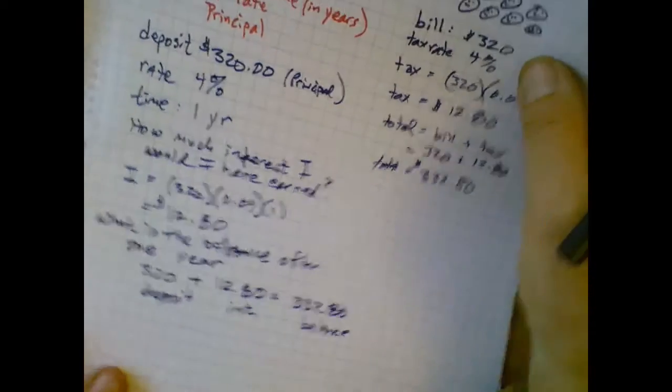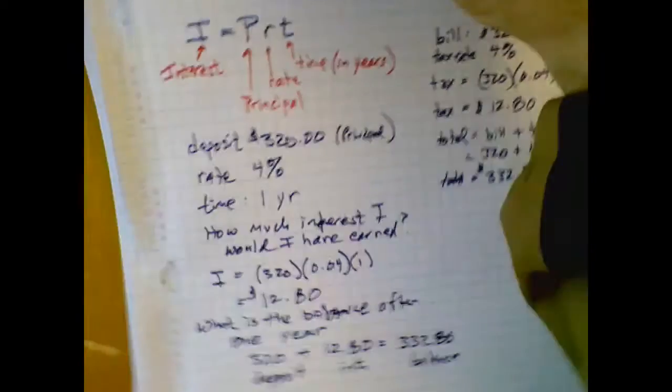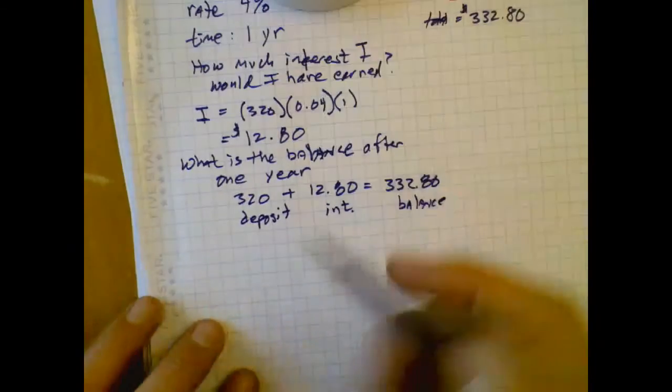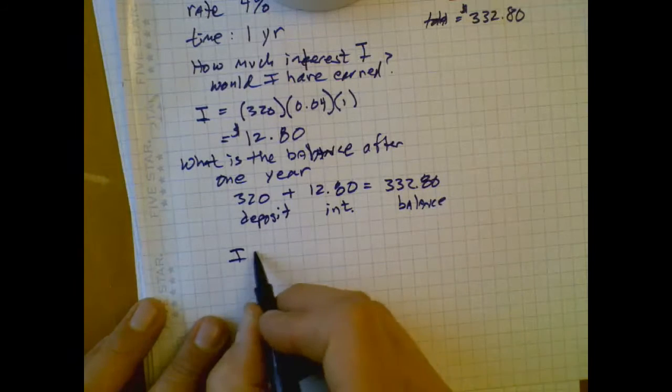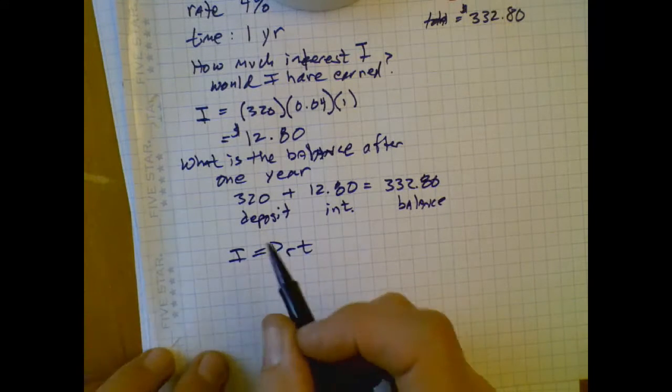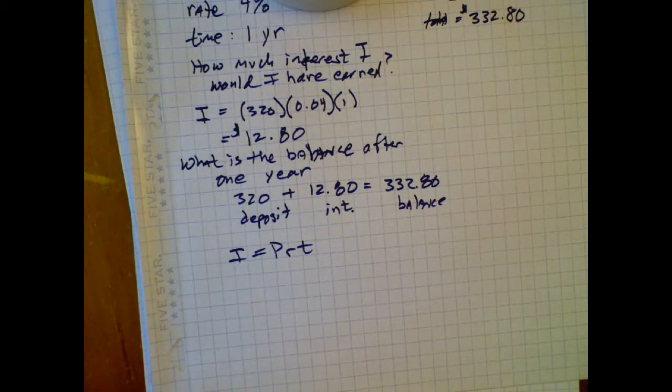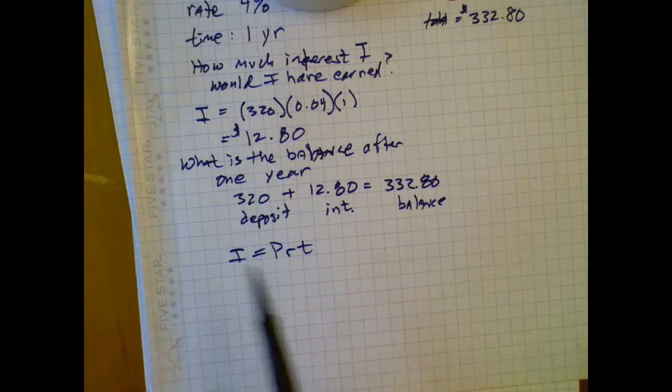Now, because this question, whoops, I'm going haywire here, aren't I? Excuse me. So my interest formula here looks like this, doesn't it? I have these 4 parts, and I can rearrange them in order to determine other kinds of problems.